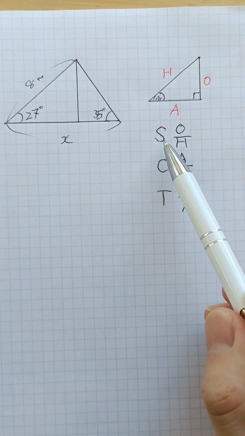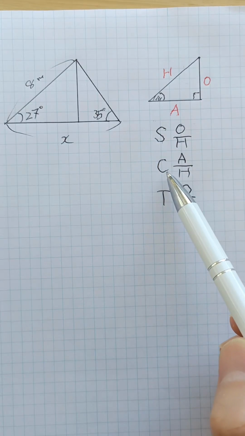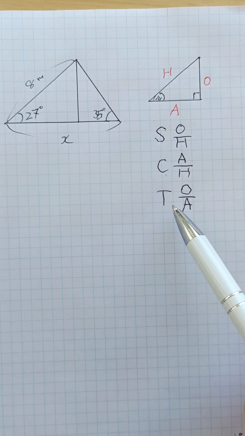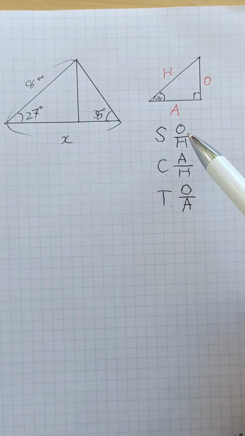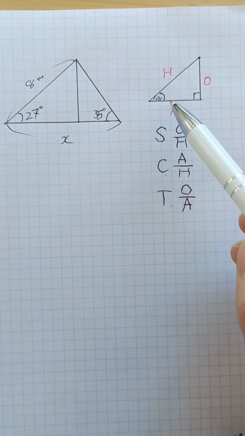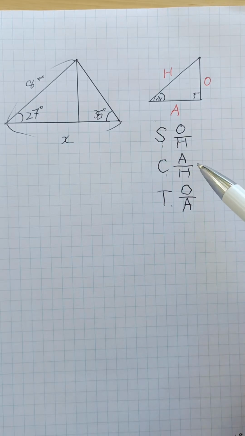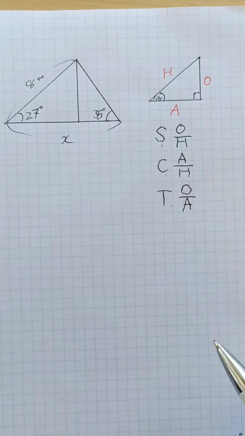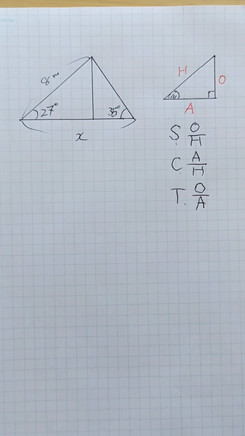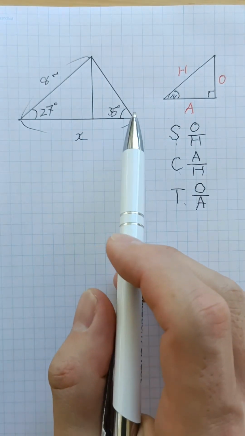So SOH means sine, CAH means cosine, and then TOA is tangent, okay? When you're using O and H, you are using sine; A and H, cosine; O and A, tangent, right?